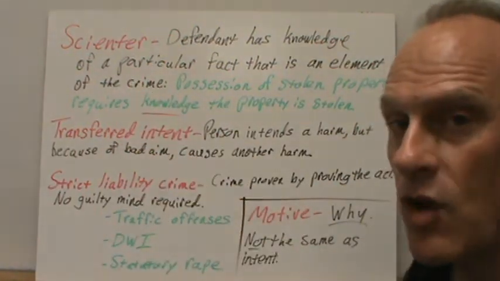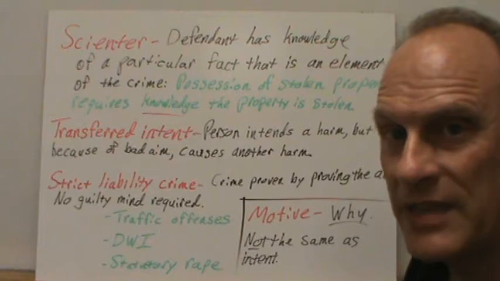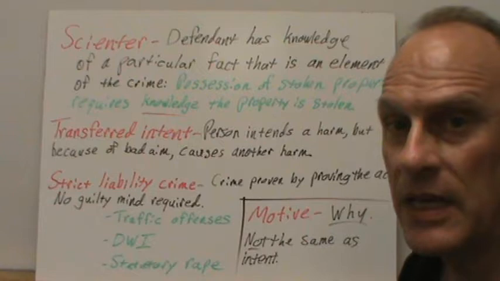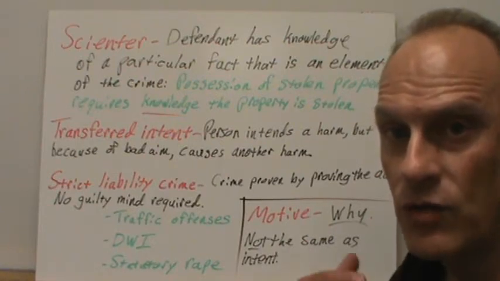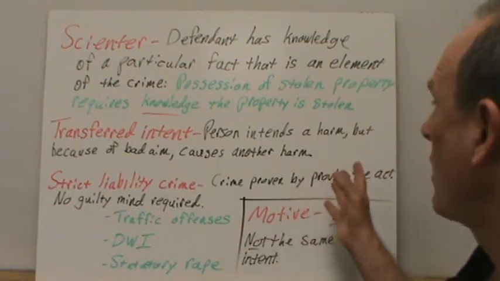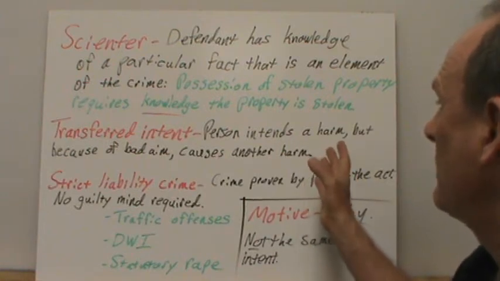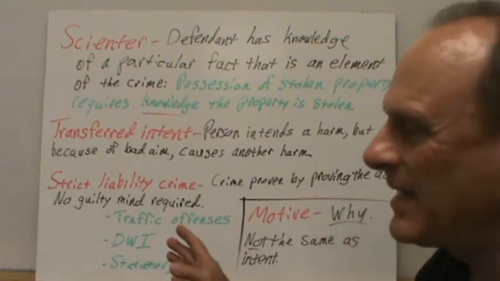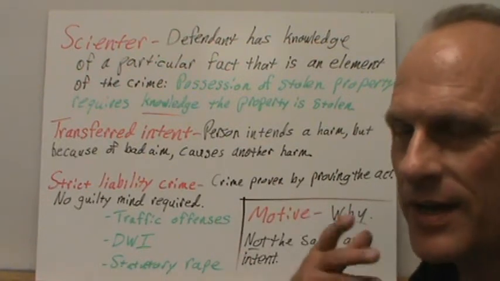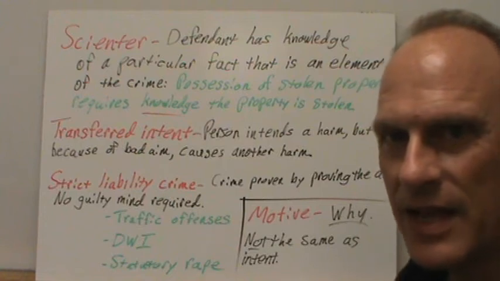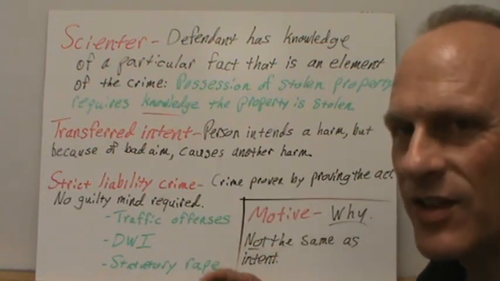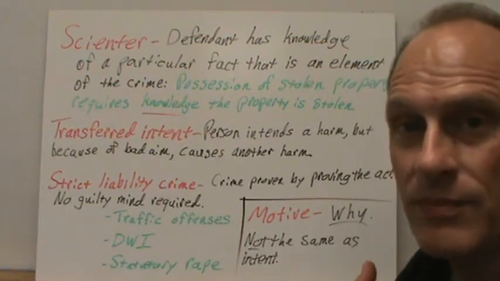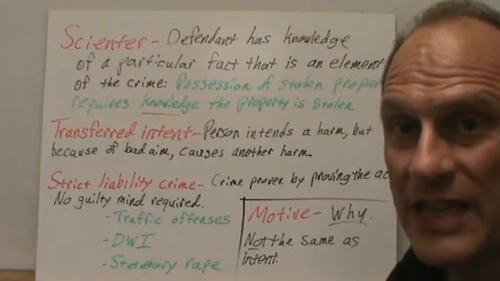Now, we also have the notion known as transferred intent, and it's the same notion that we see over in tort law, where the accused person might be intending a particular harm, but because of a bad aim or because of something else happening, their original intent does not come true, and they end up harming someone else or causing a different harm.